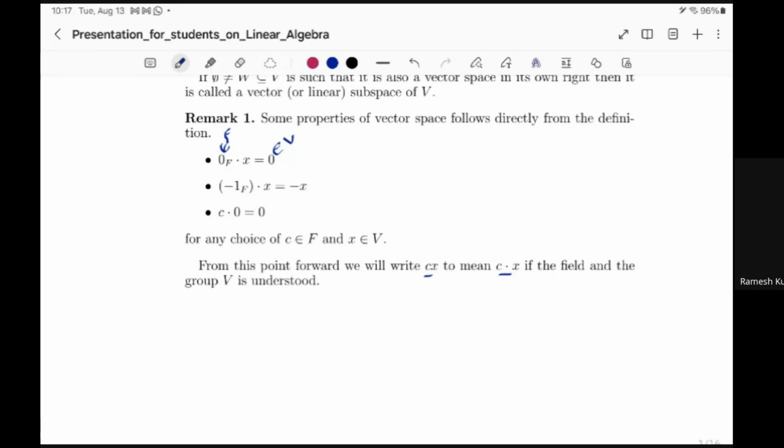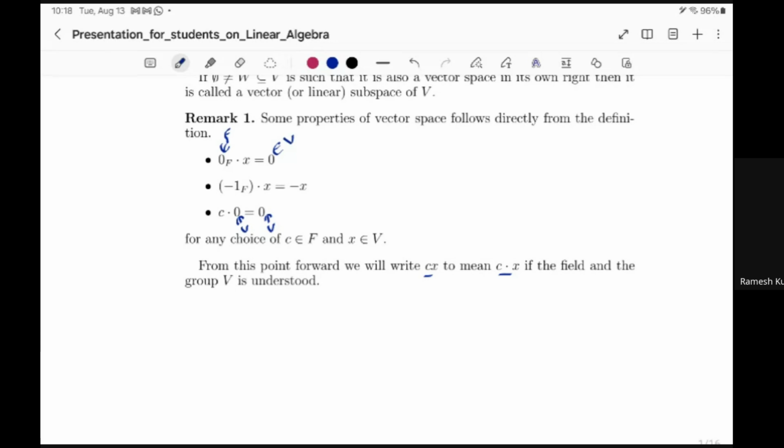When you do that, you are definitely guaranteed to get the 0 vector. Same as the third point: C is in the field, and on the right side we get 0, which is a vector. Yes, so this is also the 0 vector, and this is also the 0 vector. Okay, sir. Thank you, sir.